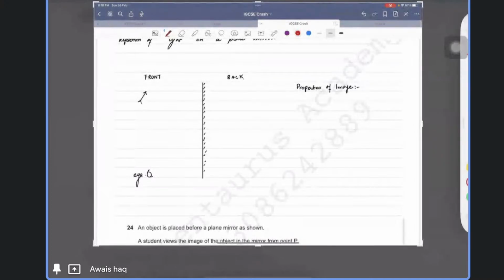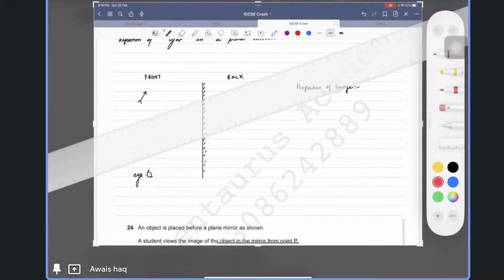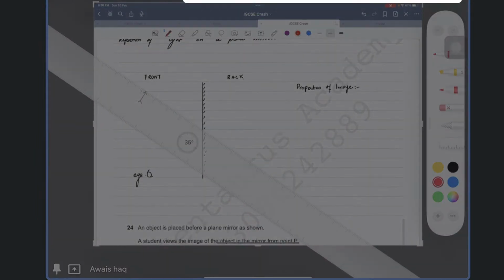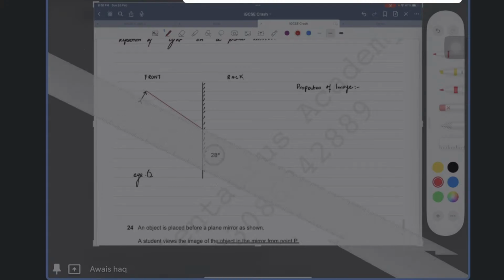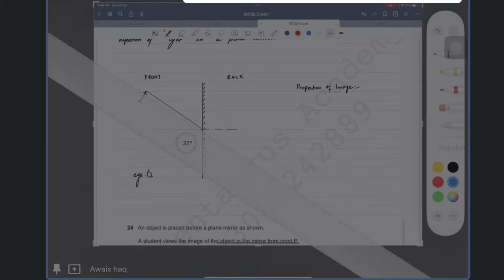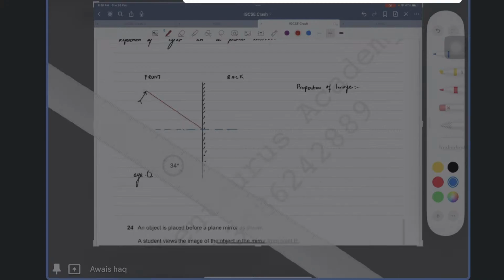Okay, so now that we have the ruler back, we're first going to draw a ray. You can draw any ray from any angle, it's up to you, it doesn't really matter. I'm going to draw the first from the arrowhead to this point, and then make a 90-degree normal here. You can use another color. When you draw the normal, we can measure this angle, and this angle is exactly 35 degrees.